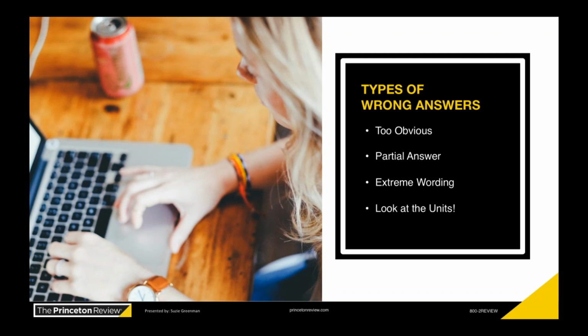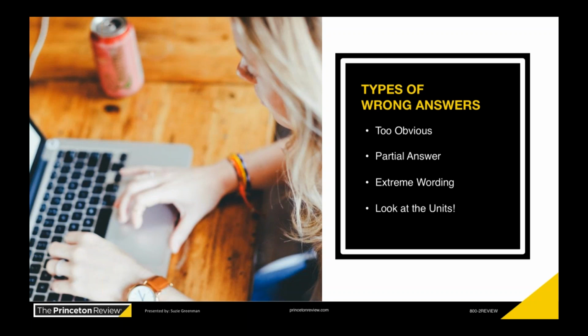So wrong answers can either be too obvious, like, oh, that's definitely something that they would like me to choose, like it feels like a trap, or a partial answer. Maybe yes, that's correct, but it doesn't answer the question. Or maybe it is giving an answer, but it's not giving the correct answer.